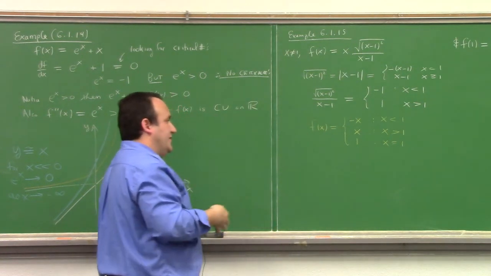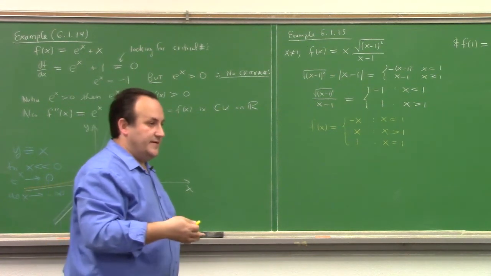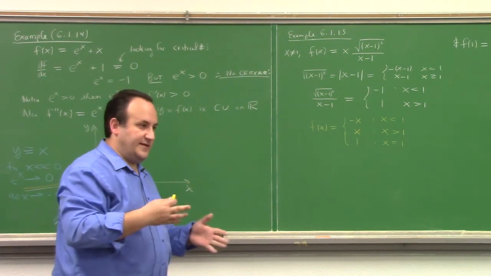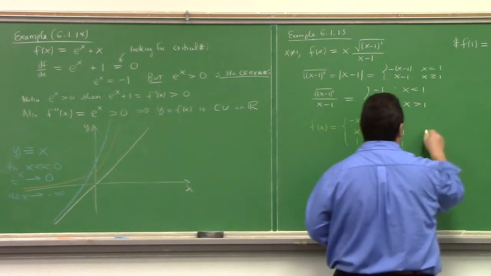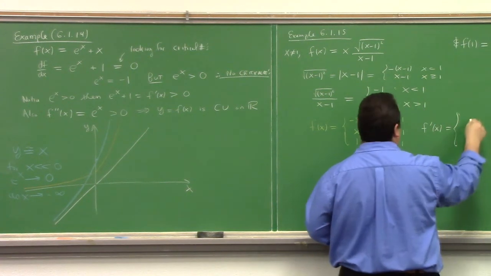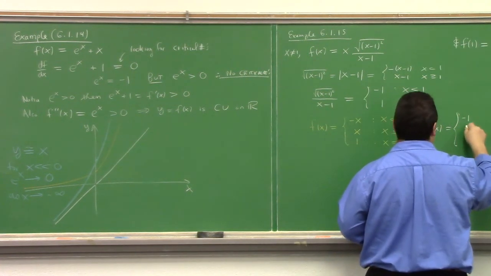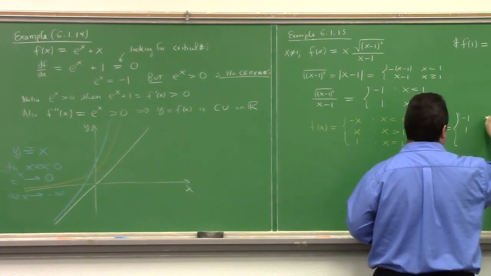So when you have a case-wise defined function like this, you can differentiate case-wise. But then you have to be careful about where the cases come together. So f prime of x is minus 1 or 1, and I suspect the derivative doesn't exist.